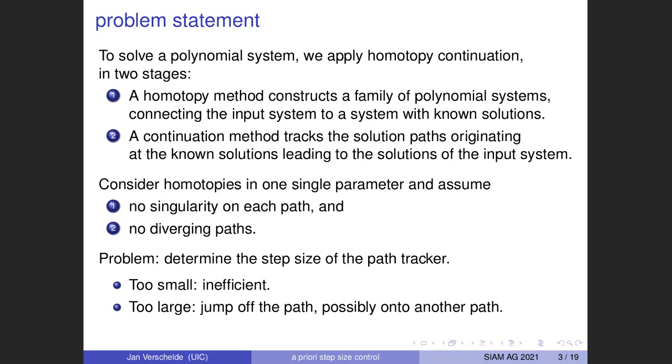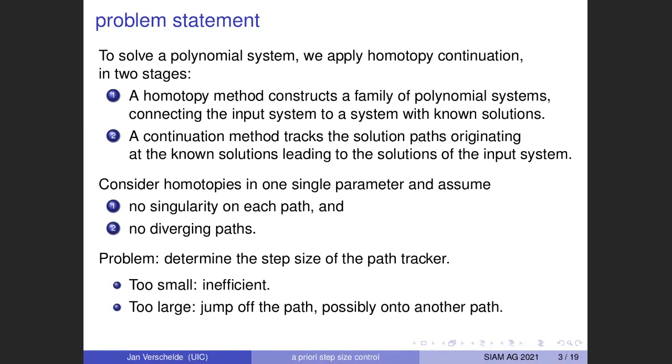So this talk is not on homotopy methods, how you should construct a good homotopy, but is on tracking the solution paths defined by the homotopy, paths that originate at known solutions and end at the solutions of the system that you want to solve.